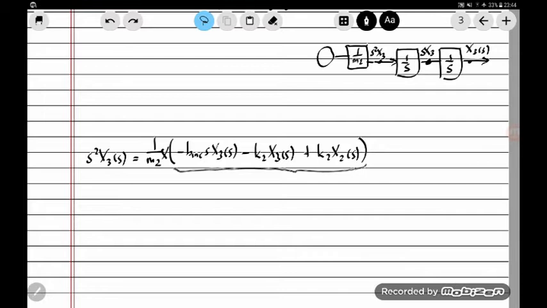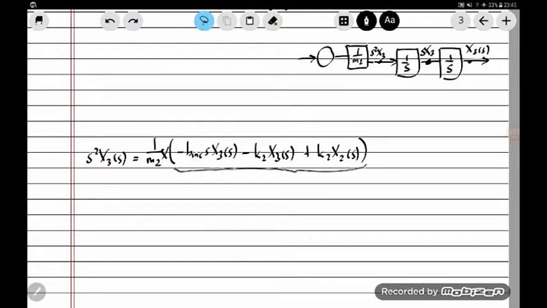Let's take this term first. We can see that this term needs to go into that summing junction. So that says that the signal x2 needs to be multiplied by k2. There's no signal x2 in here, so we can define it like this.